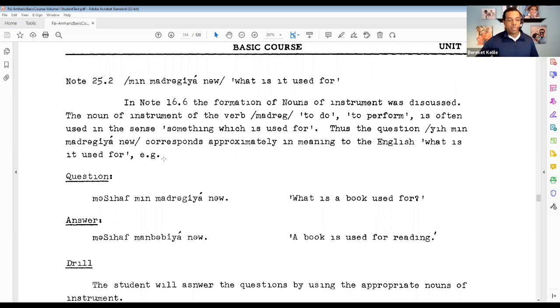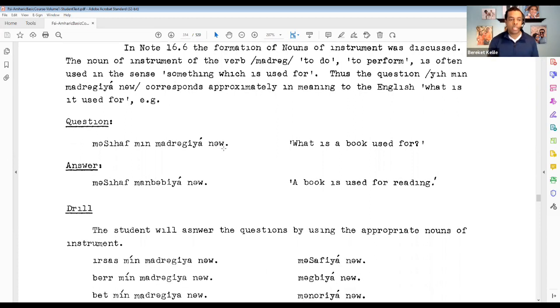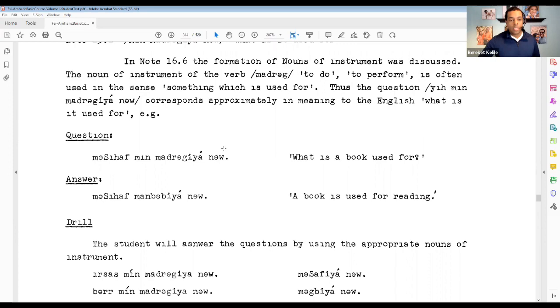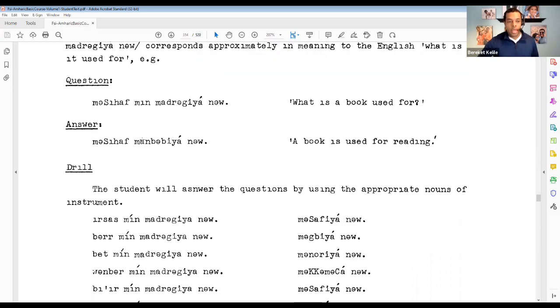So in the first example that they give us here, mas'af min madrigano, what is a book used for? Mas'af man babia, no, the book is used for reading. And that man babia, the implication is that kind of noun of instrument is also going to be in the answer as well. Man babia, which itself is that noun of instrument used for reading.